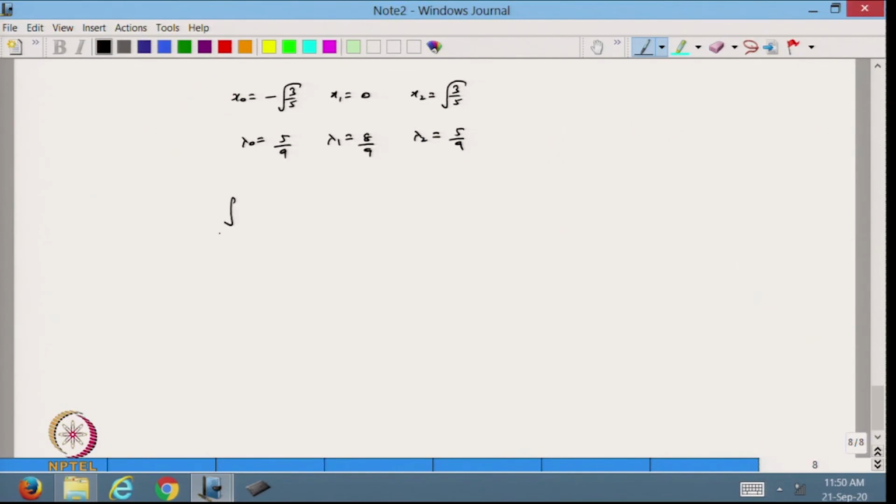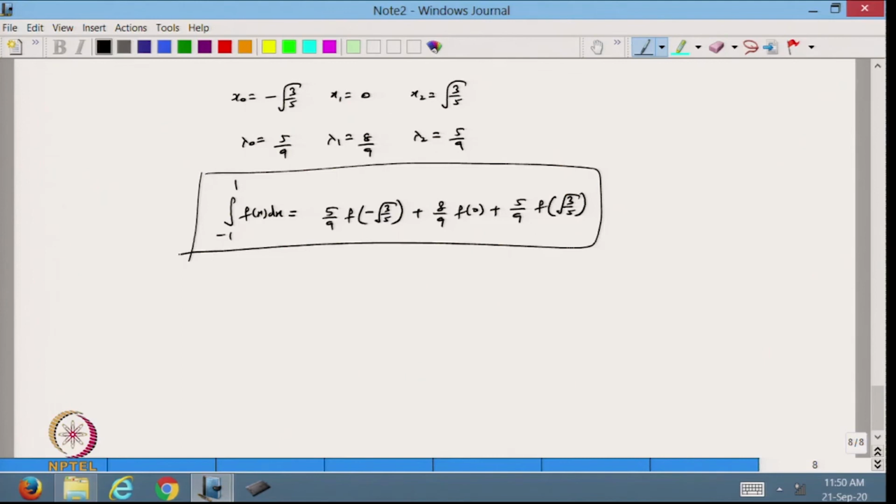So, from here I can write that the integral from minus 1 to 1 of f(x) dx is equal to 5 by 9 f at minus square root of 3 by 5 plus 8 by 9 into the value of the function at 0 plus 5 by 9 f at square root of 3 by 5, and this square root of 3 by 5 is lying between minus 1 and 1. So, that is the Gauss-Legendre integration formula for this function.